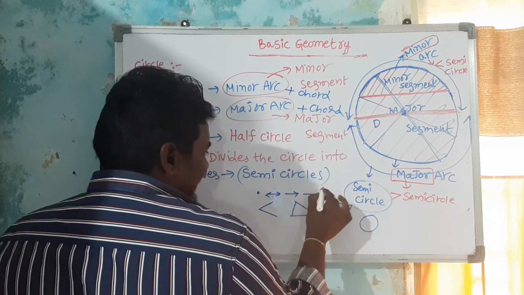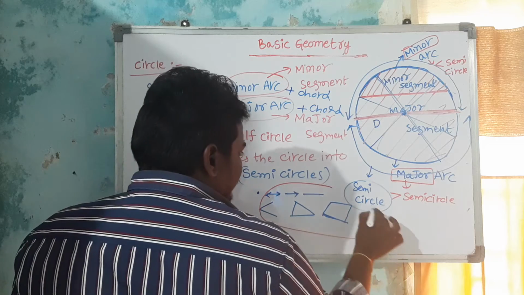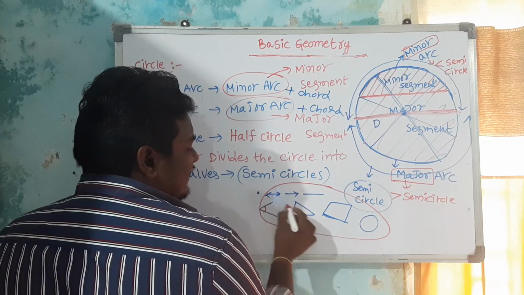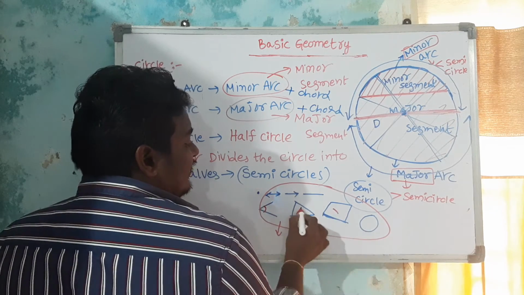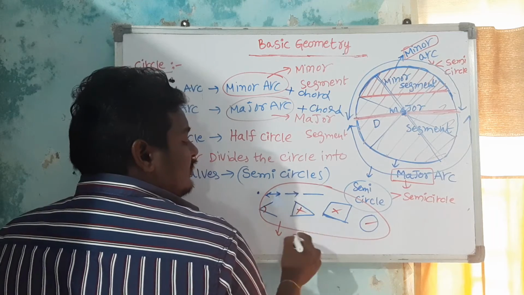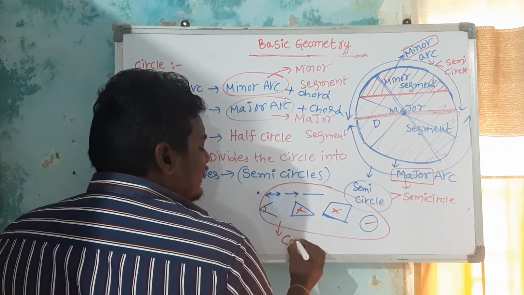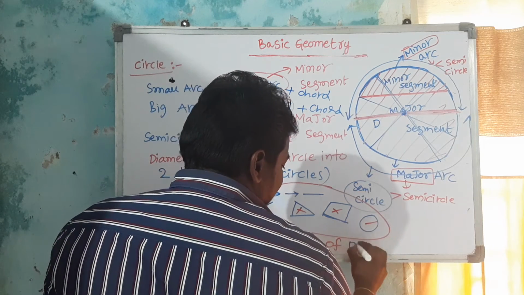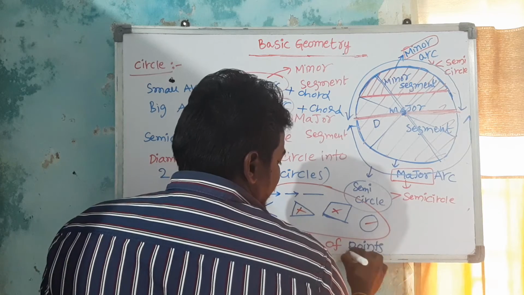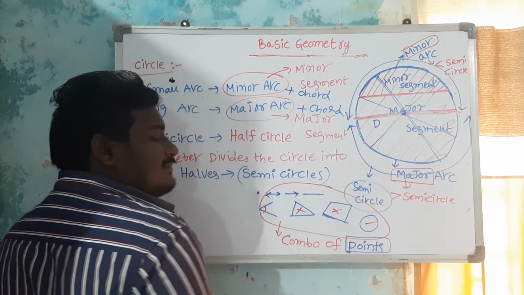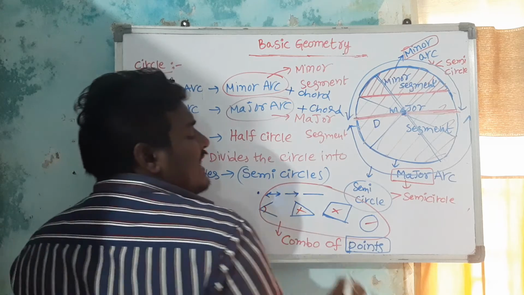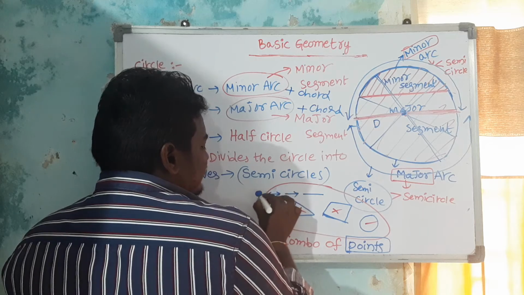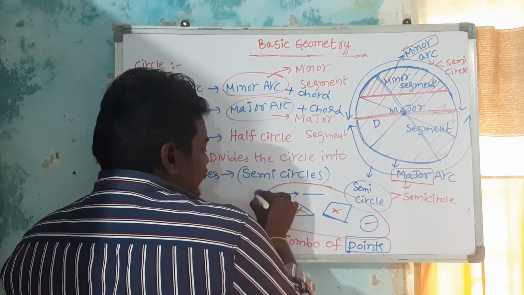So I can say all these things, line segment, ray, angle, triangle, quadrilateral, circle, are a combination of points. The father of all these things is the point. In biology it's the cell, in maths it's the point. So the point is the reason for all these things.